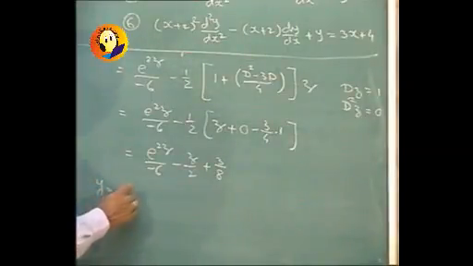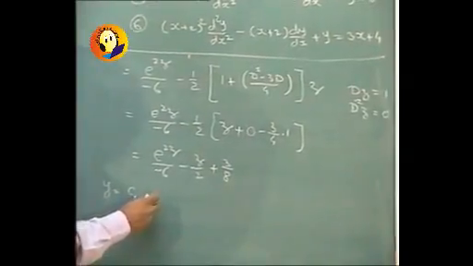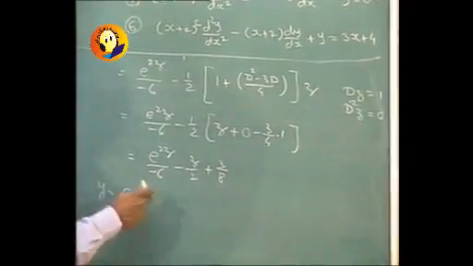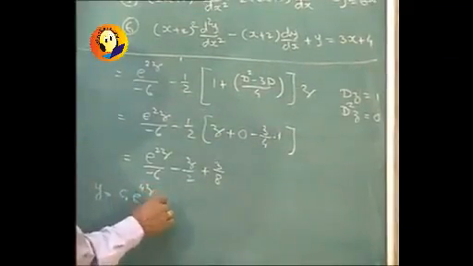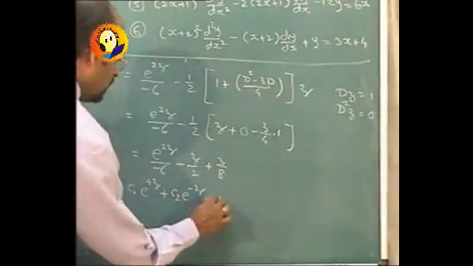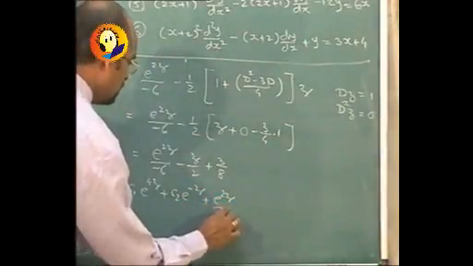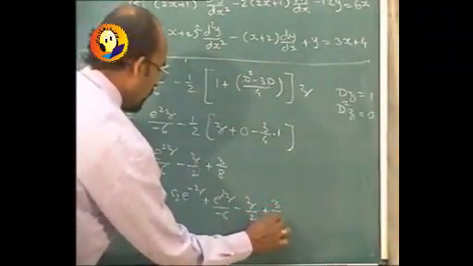So y will be equal to C1 e raised to 4z, what was CF? e raised to 4z plus C2 e raised to minus z plus e raised to 2z upon minus 6 minus z by 2 plus 3 upon 8.